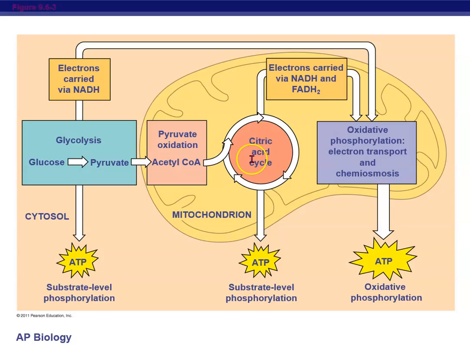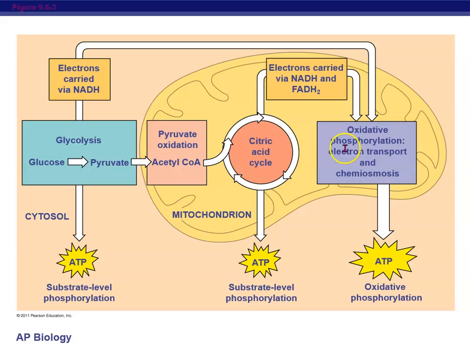They become reduced by gaining the hydrogens, which also carries the electrons, and they both keep going and deliver those hydrogens with their precious electrons to the final step in the inner membrane of the mitochondria, where oxidative phosphorylation takes place in the form of an electron transport chain and chemiosmosis.